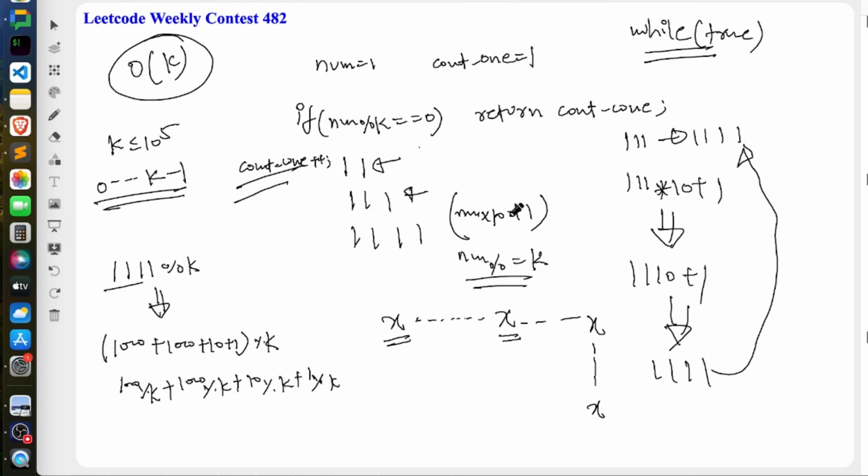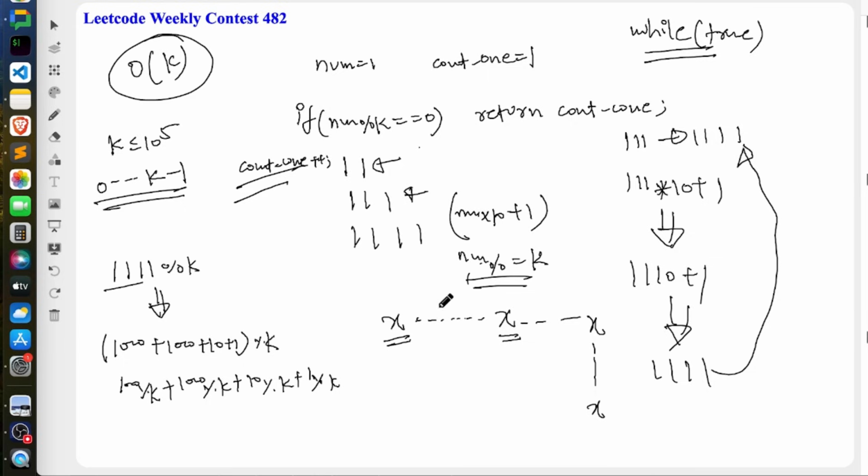Now to append 1 we will be using this formula, num equals num into 10 plus 1. For example, to convert 111 to 1111, you just do this into 10 plus 1. Then take modulo with k, so num modulo equals k, because we have to deal with modulo, right? Your number doesn't have to be the exact number, it can be the remainder with k.